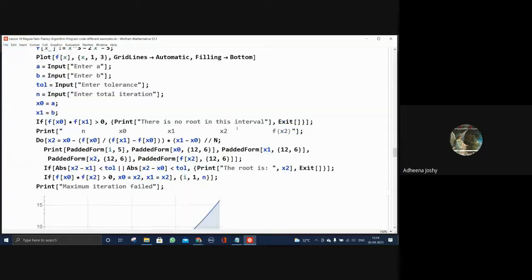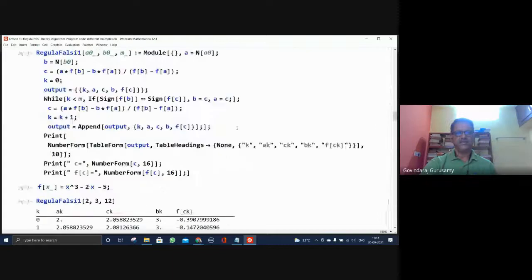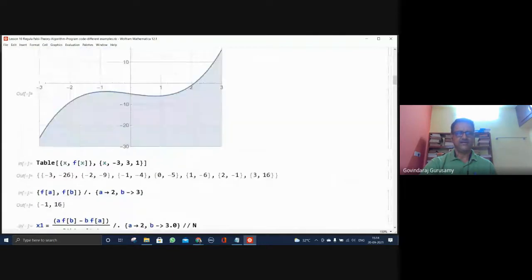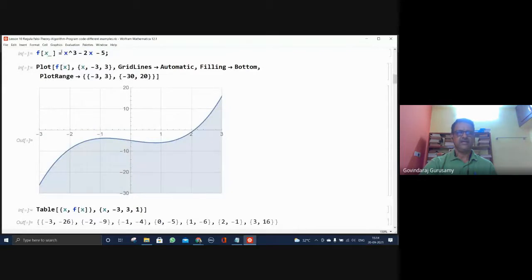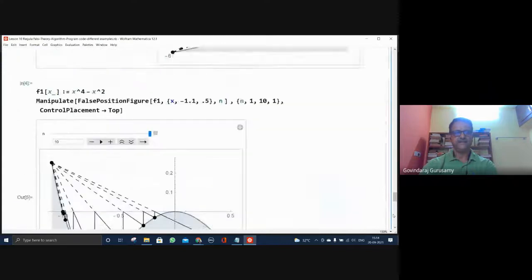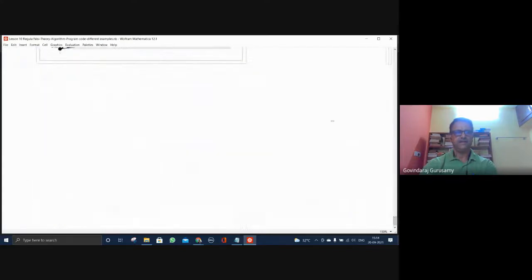Any clarification? Yes. So now we can change your function. Whatever function you try to do, first make sure that you change the function here. For example, I have a transcendental equation like x e power minus x minus 1 equal to 0.